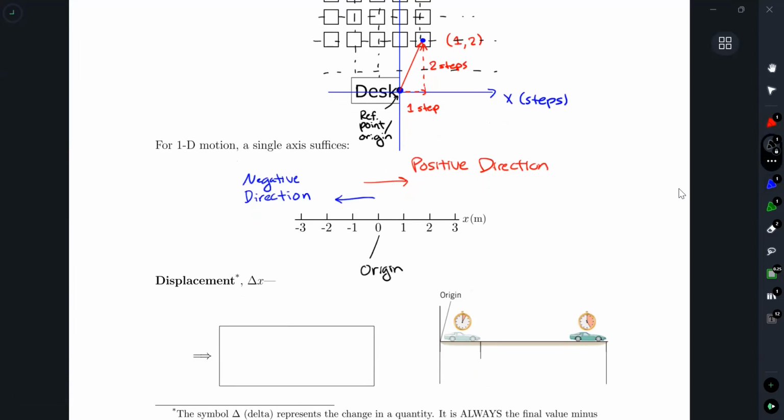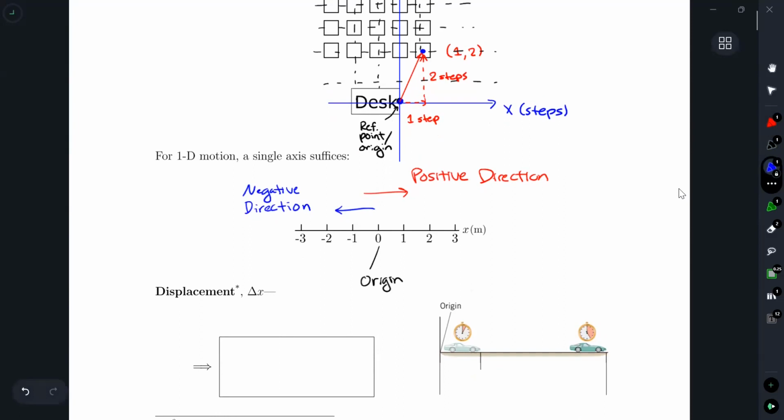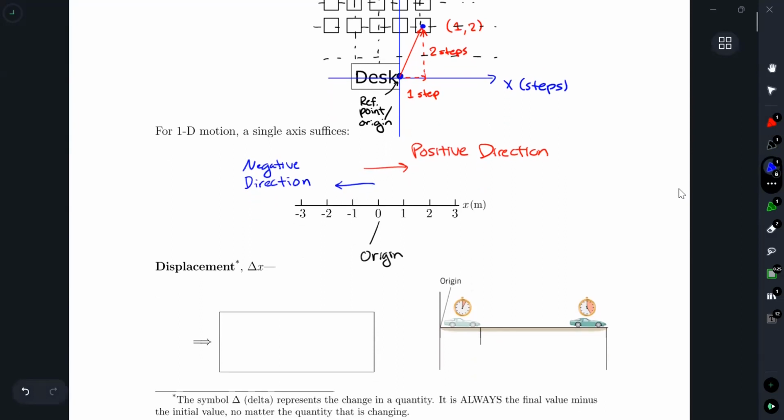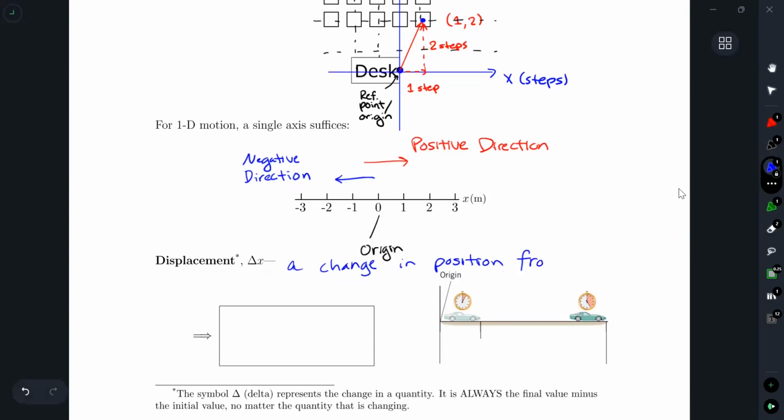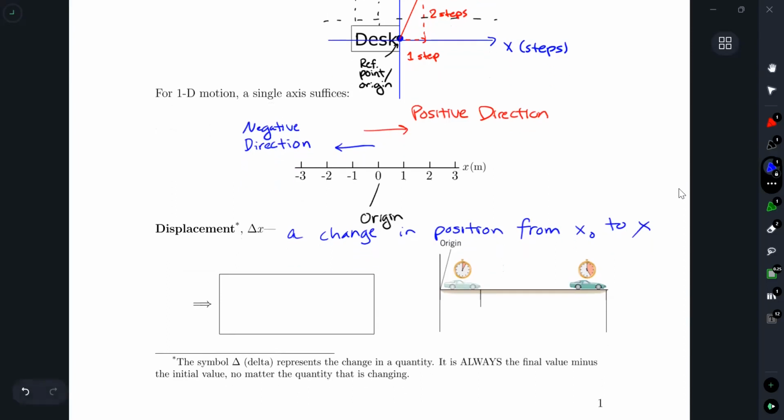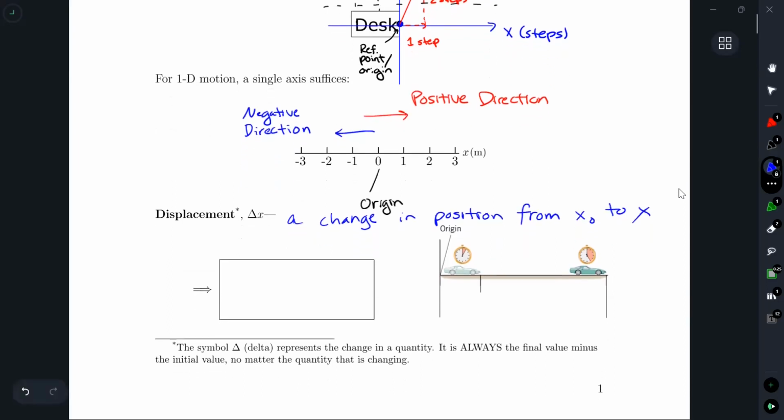Okay, so to talk about motion, we need to talk about changes in position. So that's what we call a displacement, a change in position, from some initial position to some final position. I'm in my car.